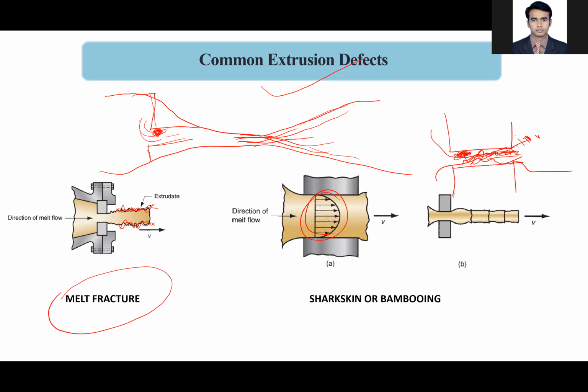That's why, to get a proper regular surface on the extruded product, you need a continuously gradually decreasing die. Otherwise it will be fractured. This is one of the defects and one of the solutions, melt fracture.